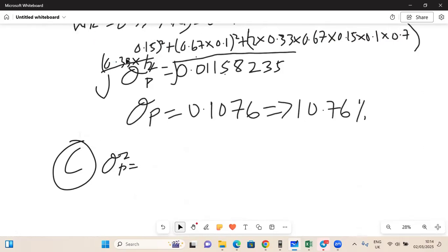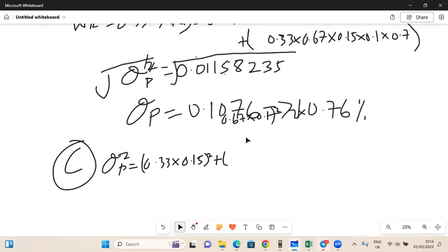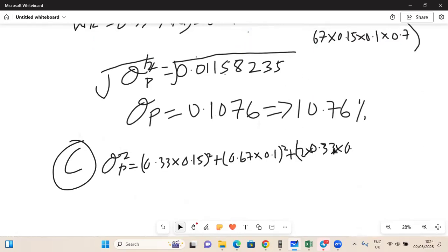Now this guy here, everything is going to be the same. Just bring it again here. Bring this guy here. Bring this guy here. Bring this guy here. And bring this guy here.